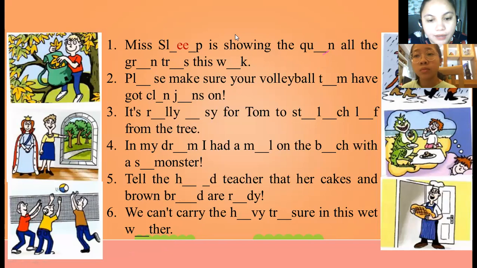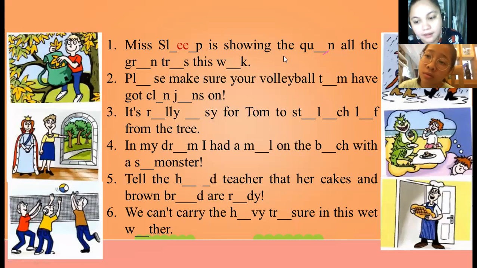Okay, now you have to put the missing letters here so that you can complete the words, okay? So example is number 1. Miss Sleep is showing the queen. Okay, wait a minute. Let's see.